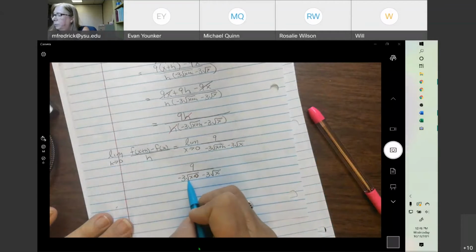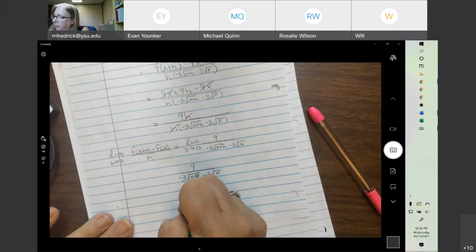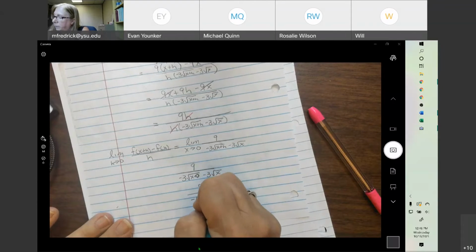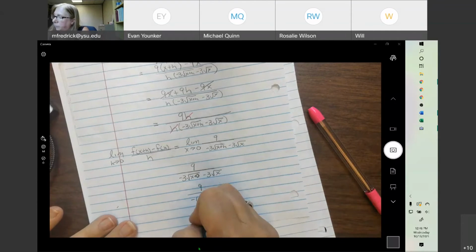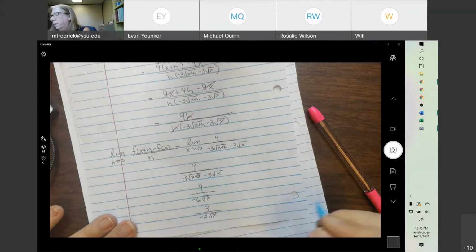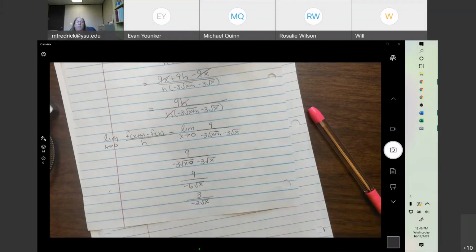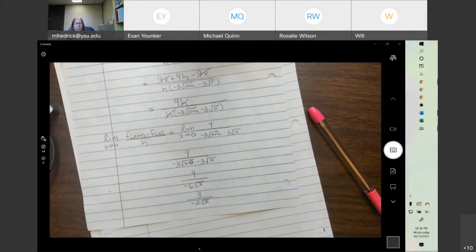These two are both square root of x, so we can combine them. 9 over a negative 6 square root of x, which reduces to 3 over a negative 2 square root of x. Normally you don't leave an x in a square root in the denominator, but I would not require you to simplify. You can leave the square root for these.